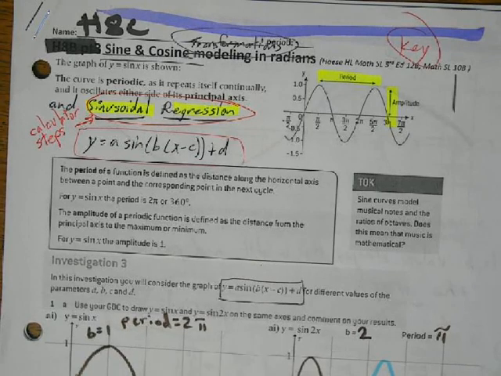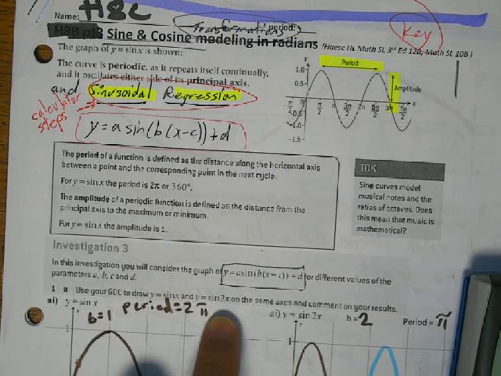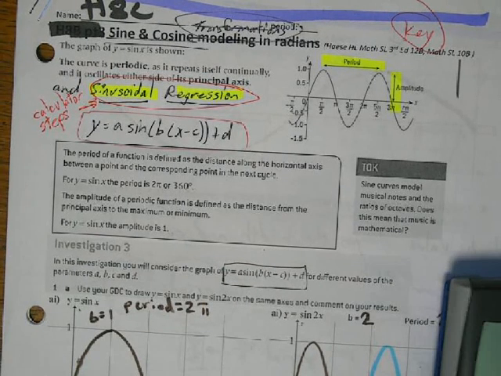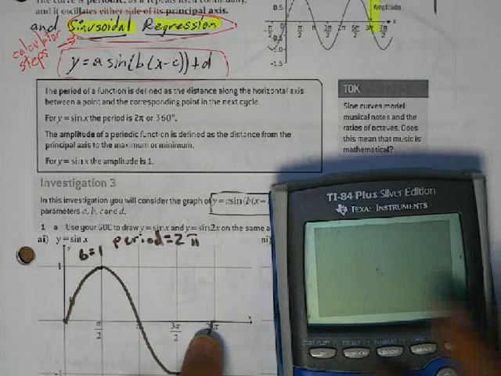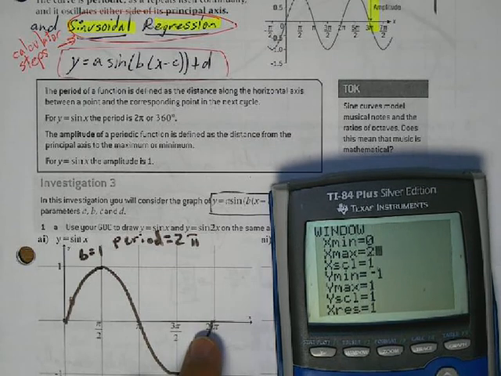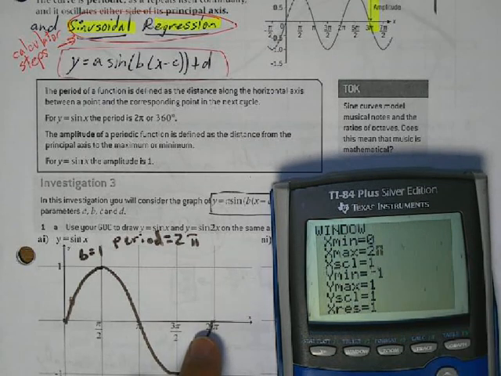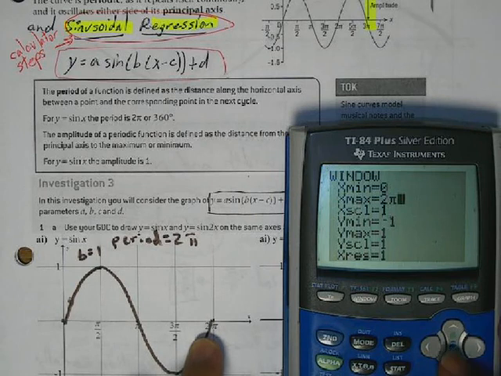So we used our graphing calculator to graph sine x and sine 2x. I set my window here to 2 pi. So window, let's change that to 2 pi. Enter.